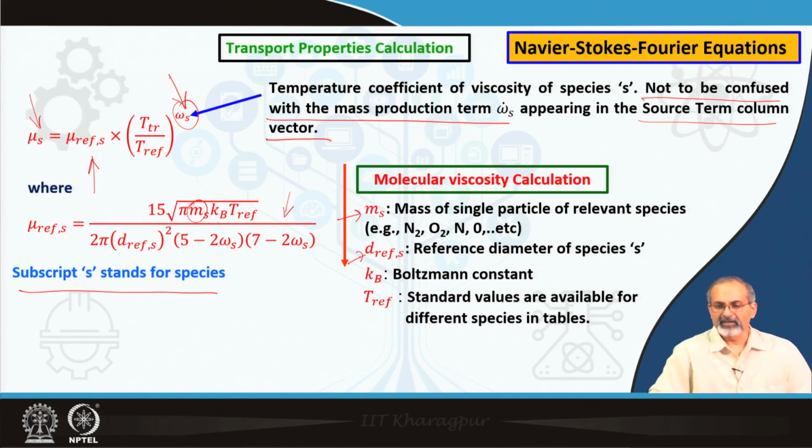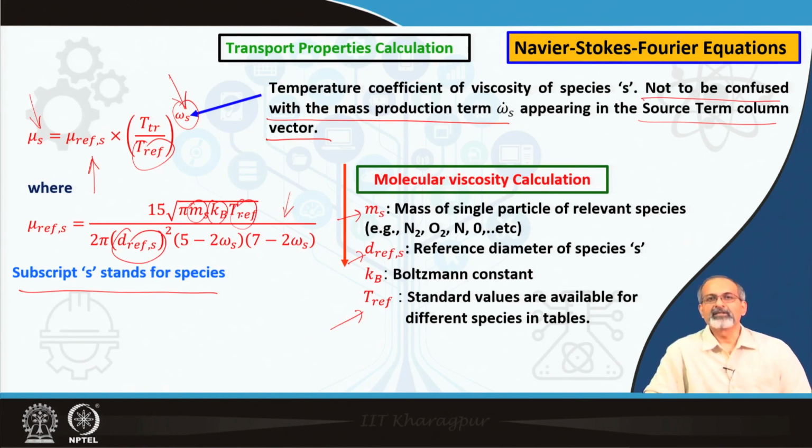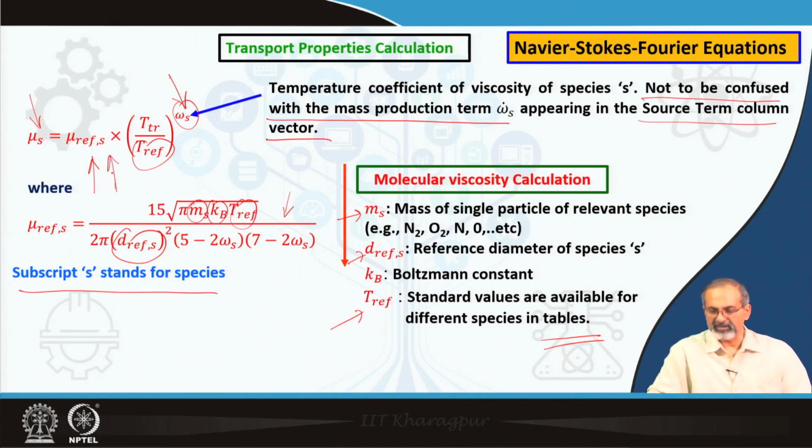Then d ref is the reference diameter, then Kb of course is the Boltzmann constant, d ref comes up here, and then T ref which comes up here as well as over here. It is actually some reference temperature, standard values are available from the tables. So, this is how you calculate the mu ref value, and you plug it in here in order to get the mu for a particular species.